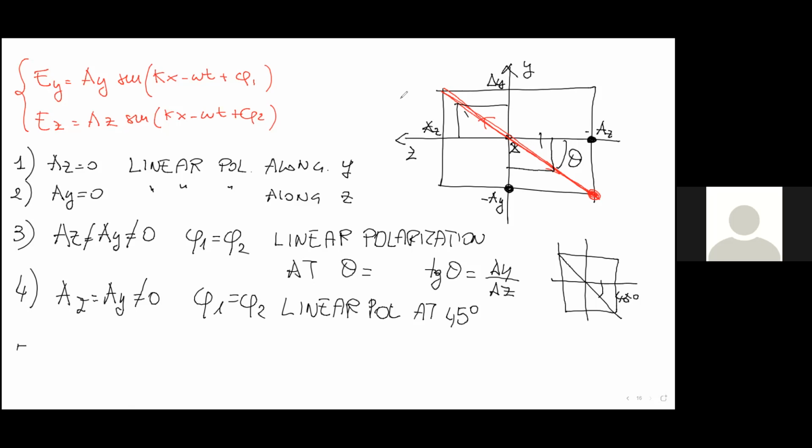Now, there is a fifth case. Let me change blackboard. There is a fifth case, AY different from AZ, different from 0. So the two amplitudes are different from each other, okay? And the two phases are different by pi over 2, by 90 degrees, plus or minus by 90 degrees.